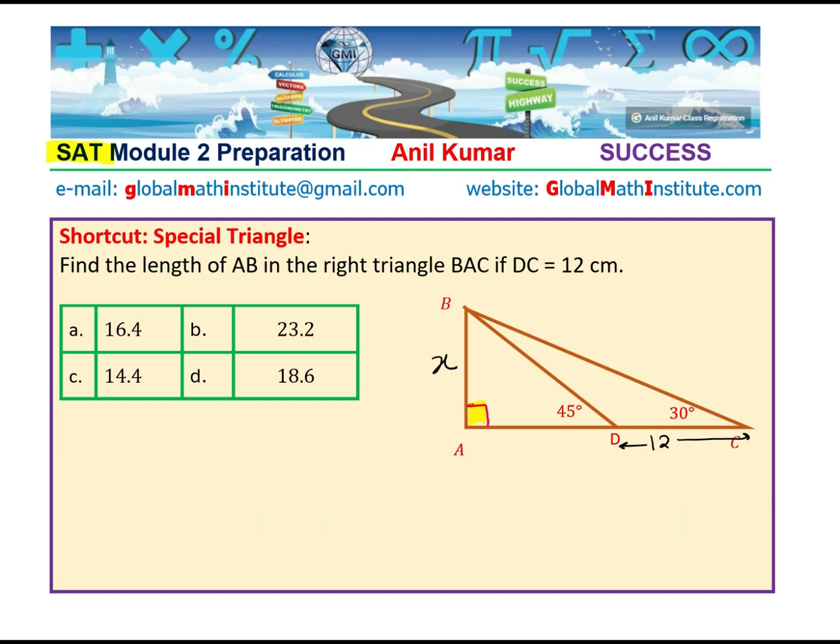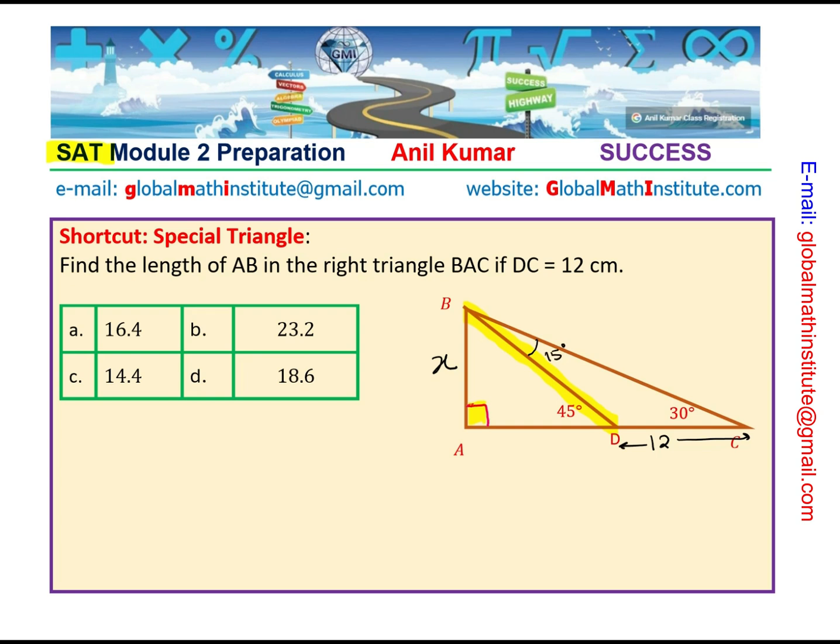So let's begin with the normal strategy, which is we need to first find what is A to D. So how do you find the length AD? One method is to use the sine law. As you can see, we know the side 12 and one angle, 30. We can find this angle right there, which is angle DBA. That should be 15 degrees.